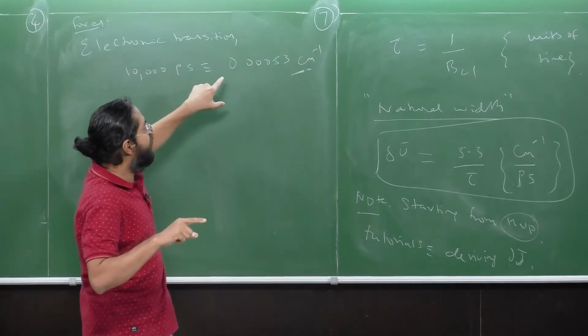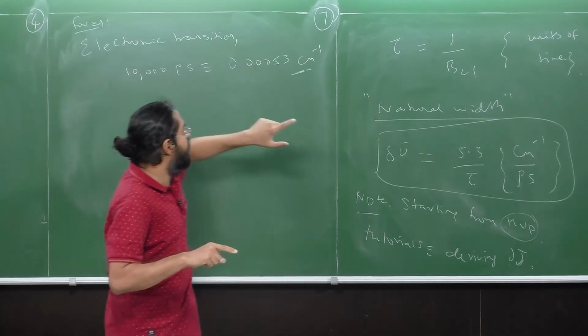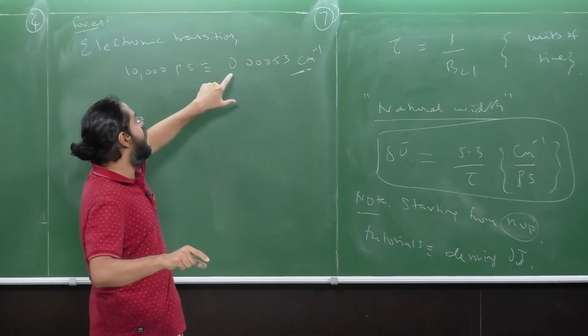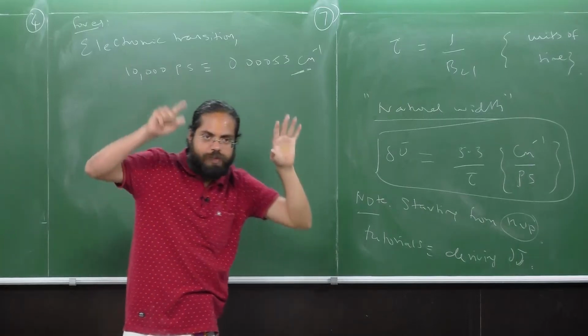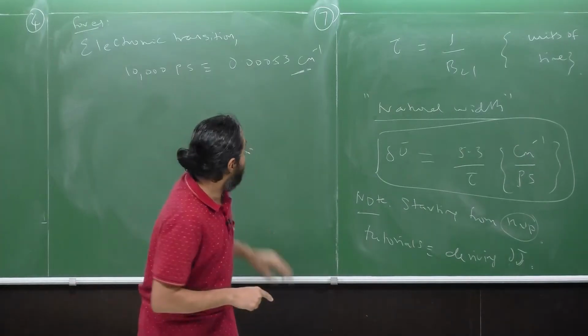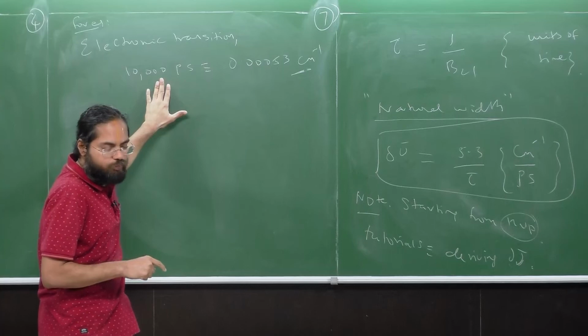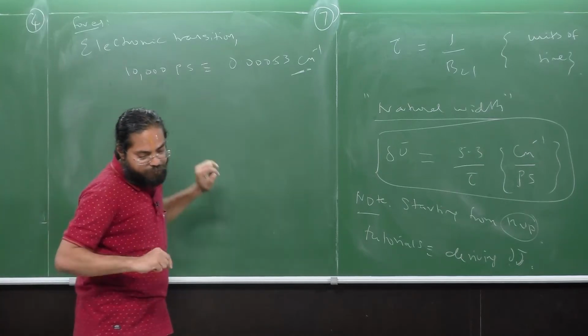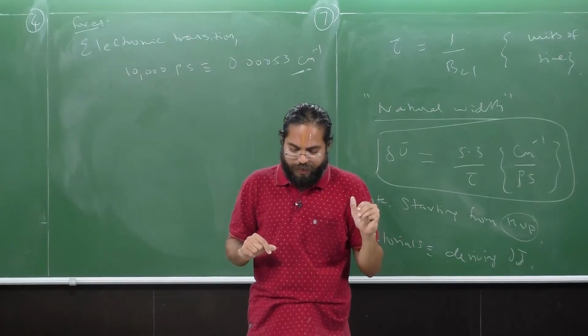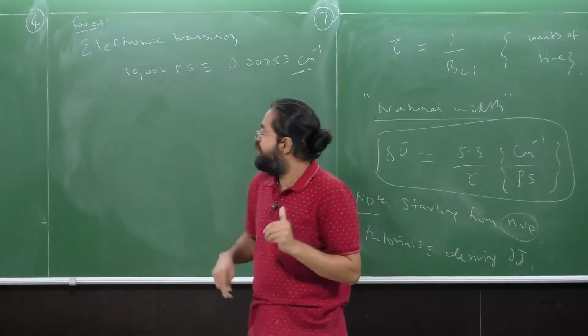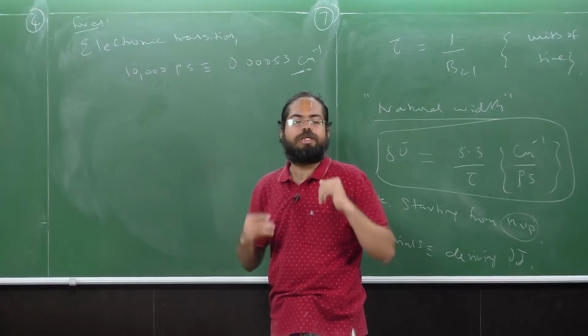So this natural width arises due to quantum mechanics, and it is of, let's say, 5.3 times 10 to the power of some negative centimeter inverse magnitude, when the transition time is 10,000 picoseconds. But let's say that, for the rotational lifetime. Now, I can ask you a question.